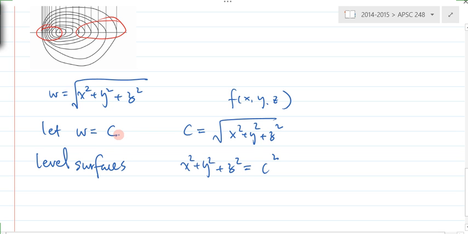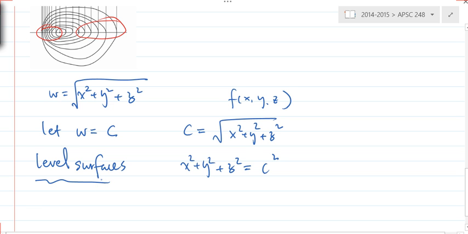Different c values give you one layer of a surface, another c value gives another layer. Does that make sense? So when you have this function, you're not visualizing it directly, but you can establish the idea that it's layers and layers of surfaces, given different w values.